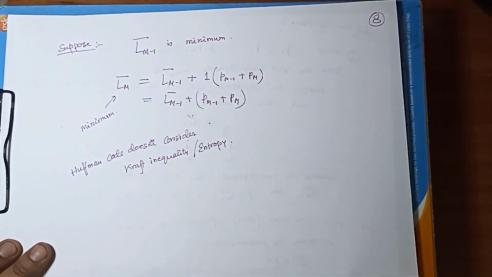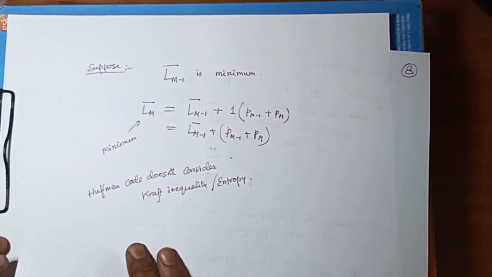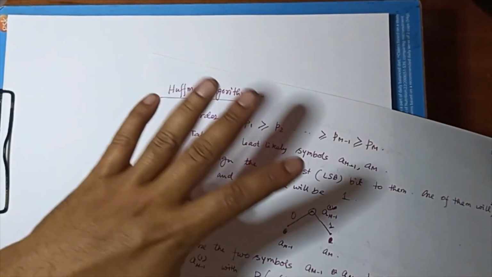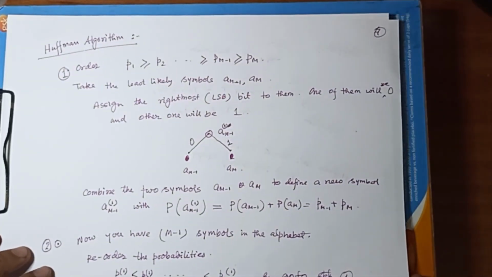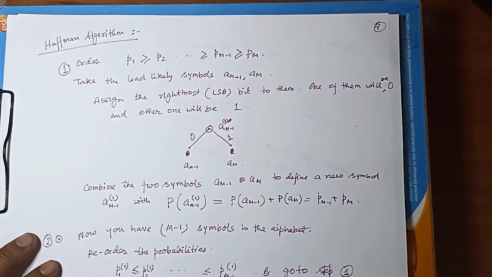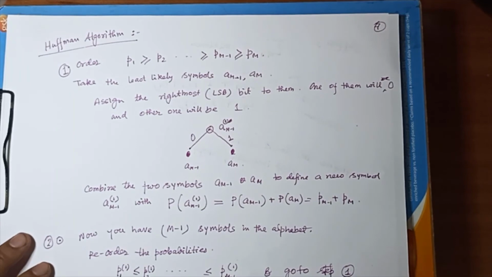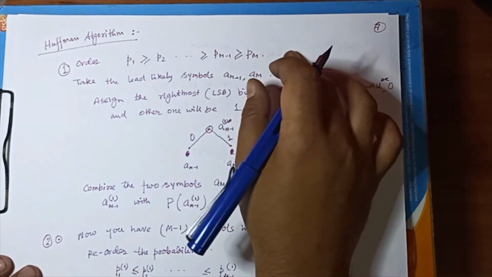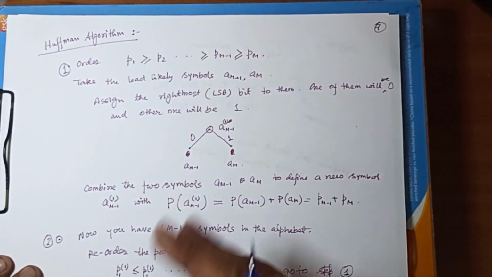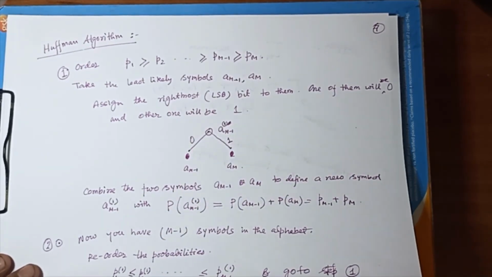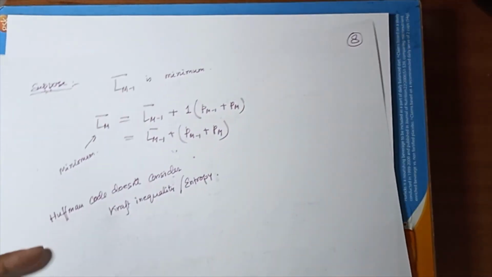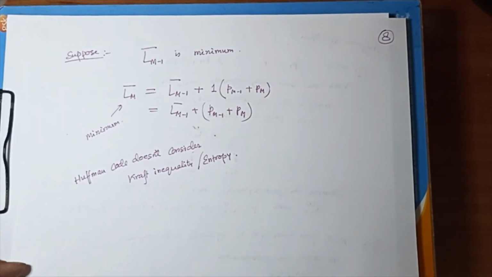Let me give you one example of how this Huffman algorithm works. This is really the genius of that young kid David Huffman, who found that the method needs only the probabilities, nothing else, and by running it you can find the optimal code. So I'm giving you one example to show how the Huffman algorithm works.